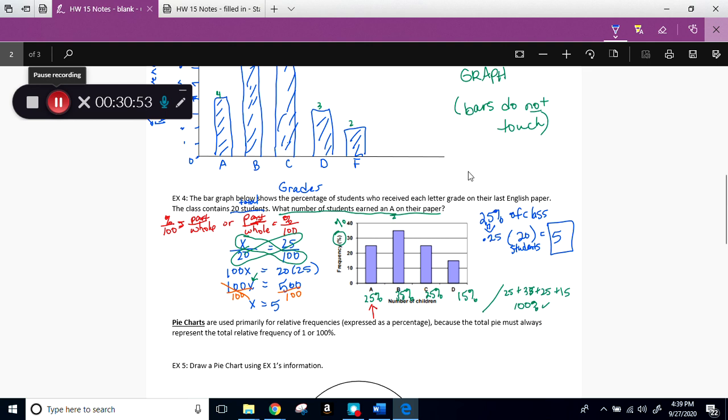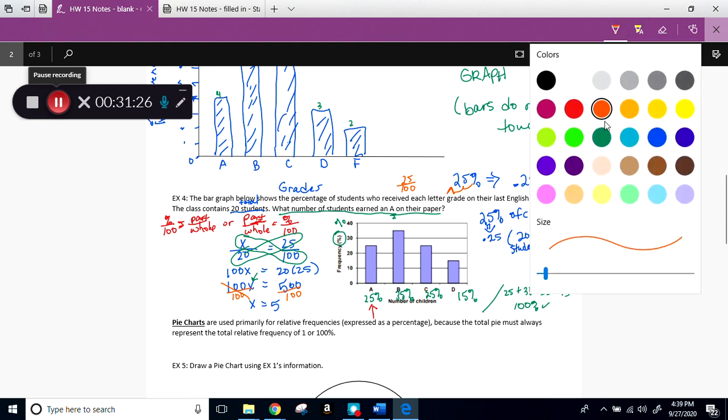Now I had to change the 25% to a decimal. So remember how to do that? That's where students get kind of messed up doing it this way because they forget how to do that. You either move it 2 places to the left or you can divide by 100 because 25% is the same thing as 25 per 100 or percent. 25 divided by 100 is 0.25. So once you change that to 0.25, then you multiply it times 20.